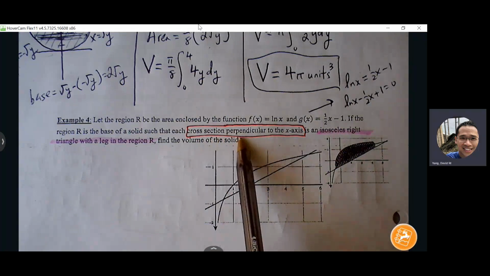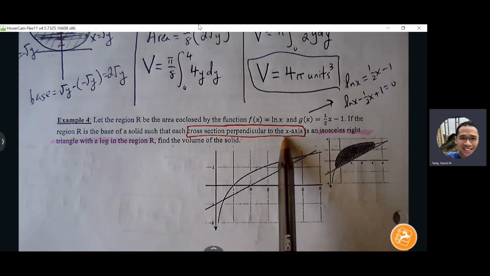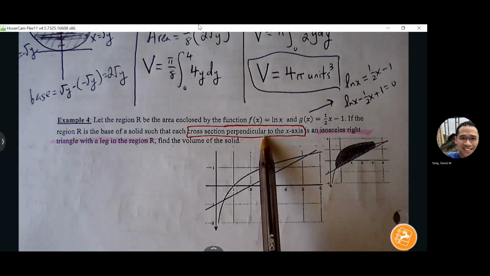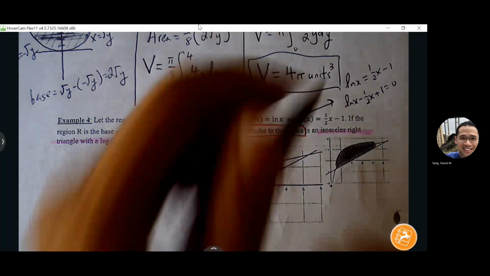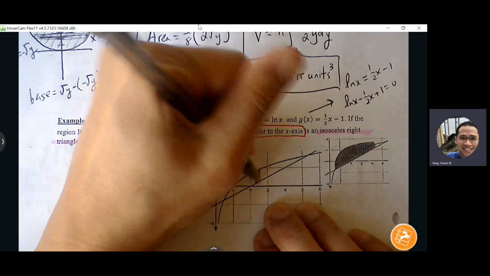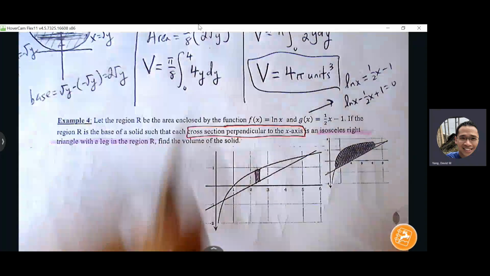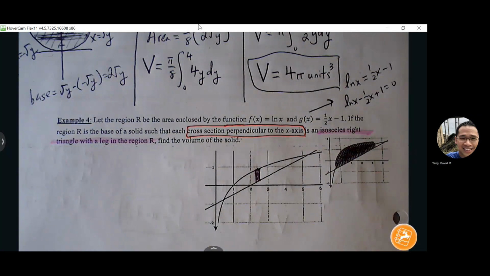Okay, so which direction is this? Perpendicular to the x-axis. Vertical, yeah. So vertical, that makes it easy, right? Because we don't have to change our equations. Our equations are good to go.